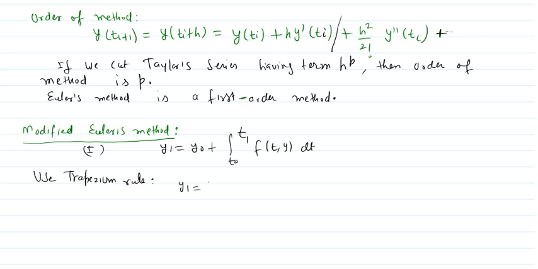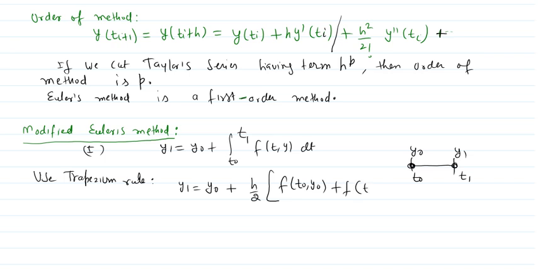So you get y0, and the trapezium rule is h by 2 times the function value at the first point, which is t0, y0, and the second point t1, y1. But here we have one difficulty, that you don't know this y1. Okay, we have y1 on the right hand side, but we don't know it, but still you can write it.